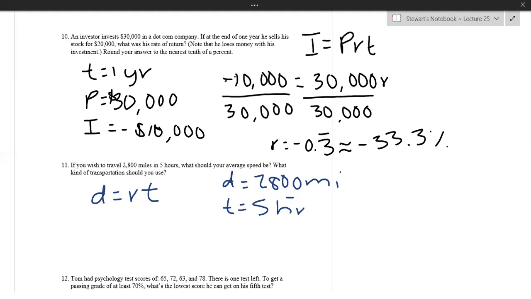So we're trying to find speed in miles per hour here, as is usually customary, at least for us here. So we have 2,800 is equal to 5R. We're dividing by 5. So the rate is 2,800 divided by 5, which is a pretty big number.